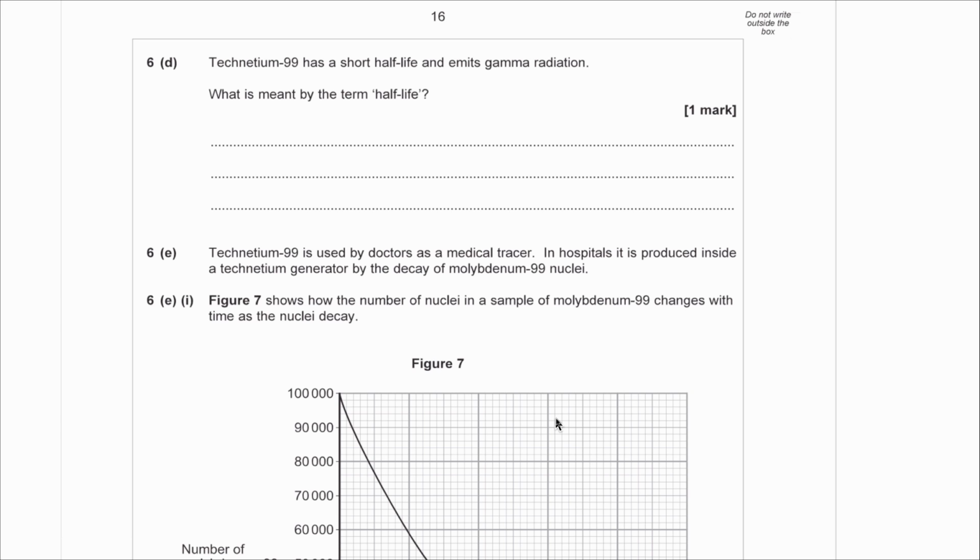Alright, so 6D, it says technetium has a short half-life and emits gamma radiation. What is meant by the term half-life? Now, there are a few definitions of half-life, and I'm going to use the most obvious one. This is the time taken for the number of radioactive nuclei to halve.